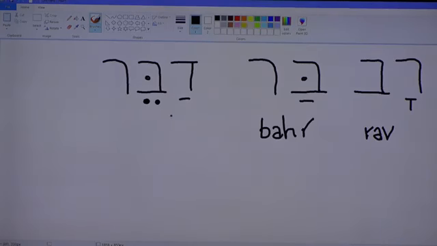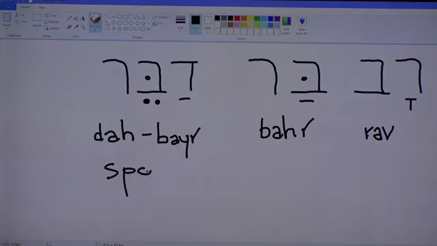And this is pronounced de-, is that a D? Yeah. De-. B-A-Y-R. You can slur it and say debear, but it's really debear. Debear means speak.